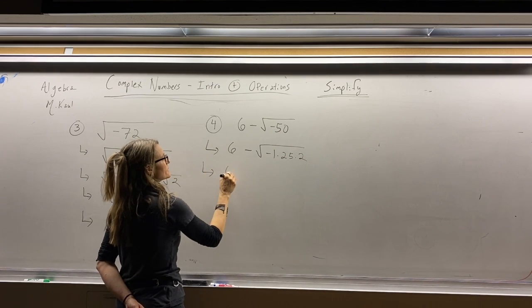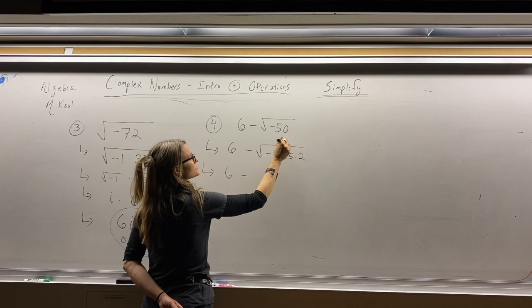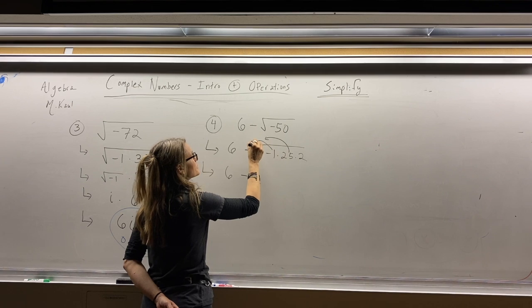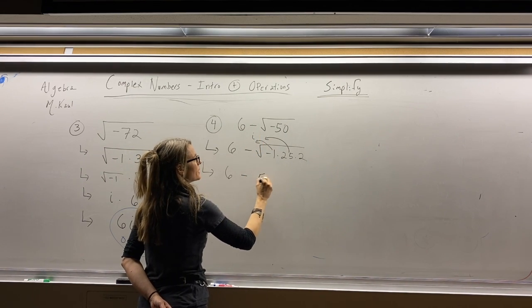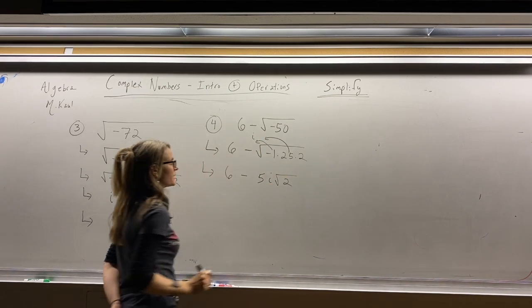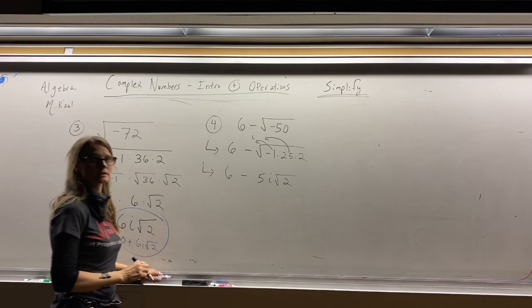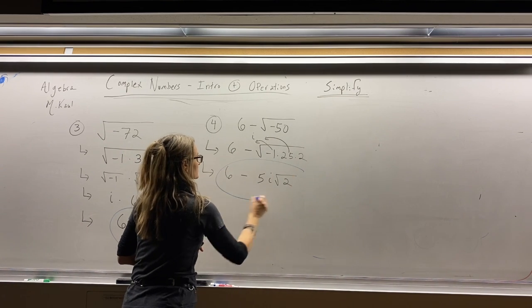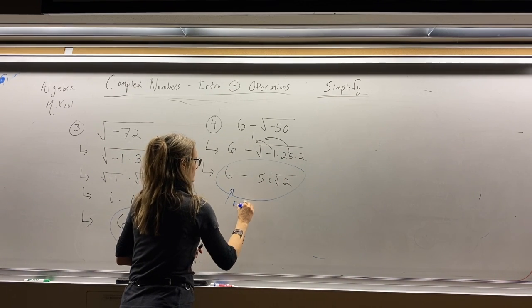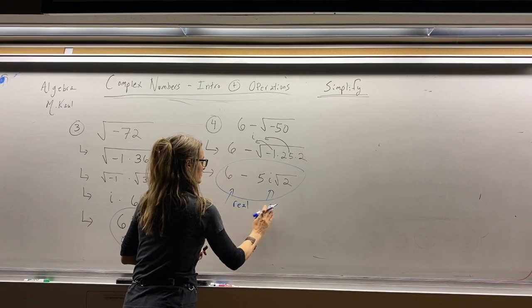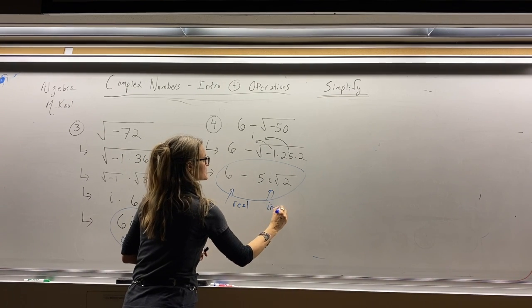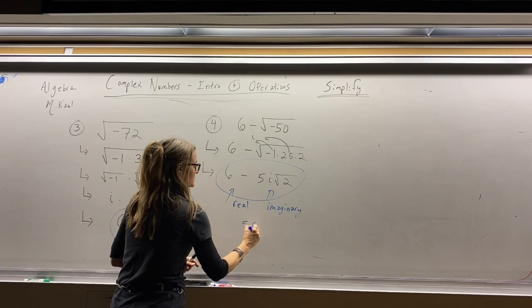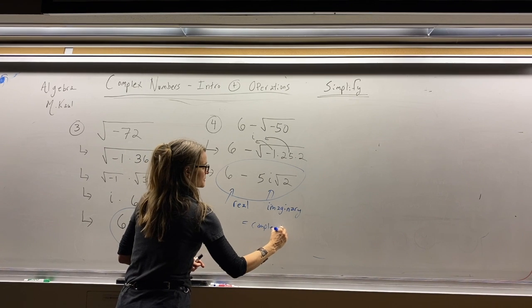And this becomes 6 minus, 25 comes out as a perfect square. It becomes 5. Negative 1 comes out, that's an i. This becomes 5i square root of 2. And now you have your complex number form. You have your real number part and your imaginary part, which equals your complex number form.